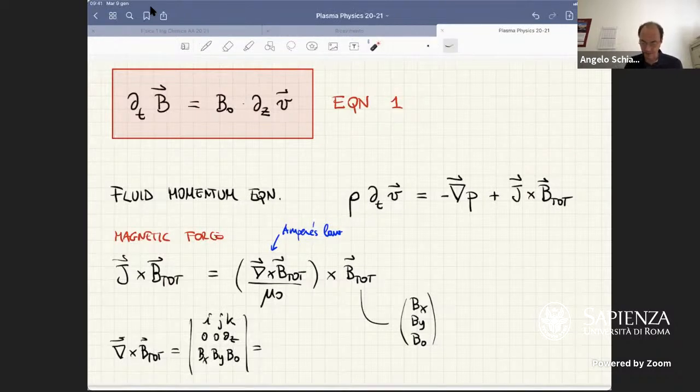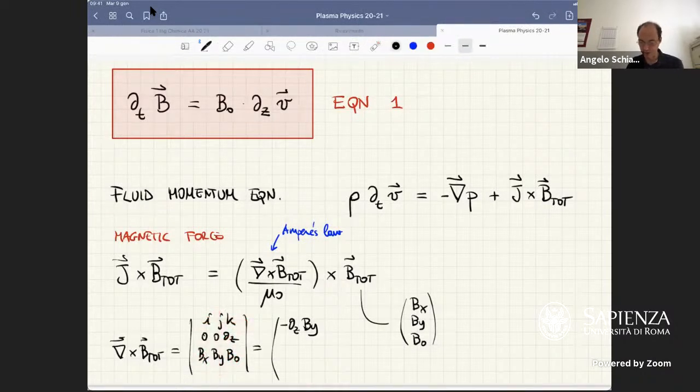And this will have the following components. For the x component of the curl of B, we see that this is 0 minus dz By, minus dz By. This is the first component. Second component along y is the determinant of this one here, 0 minus dz Bx.